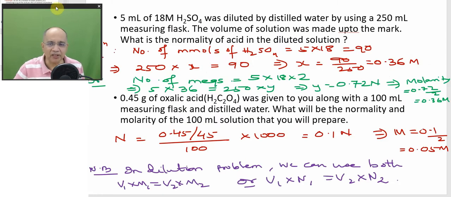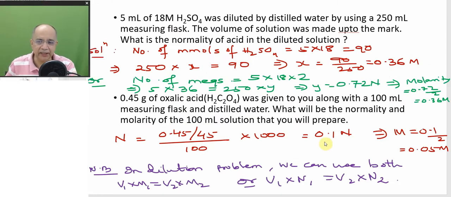Now let's take some problems again in the titration experiment. V1N1, V2N2 once again. Particularly, this is a dilution of a concentrated solution to prepare a dilute solution.